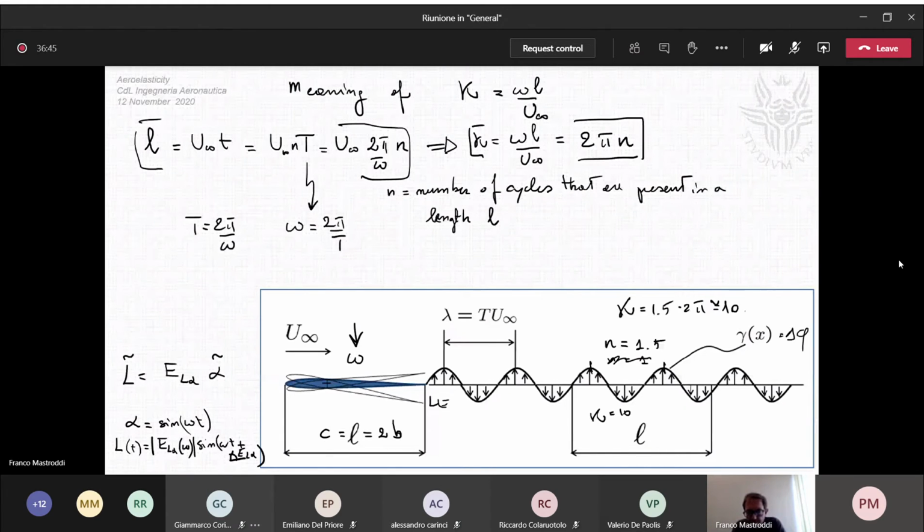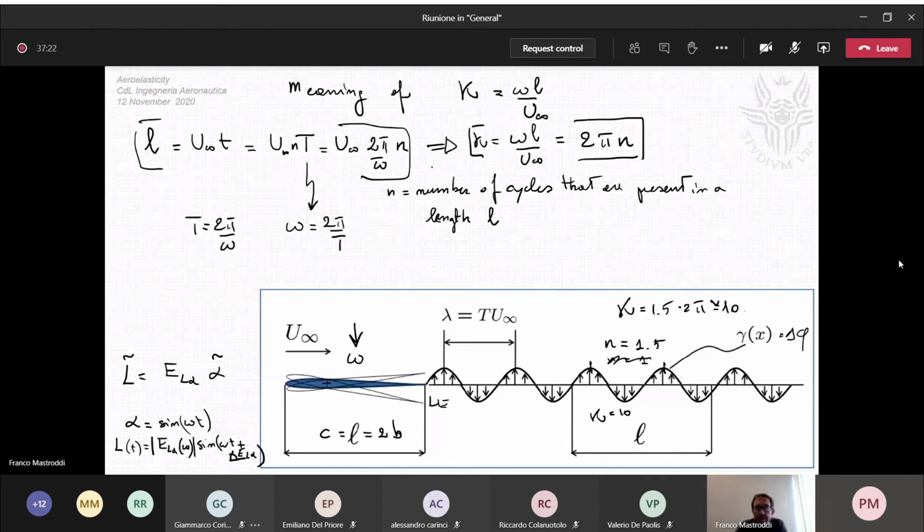Okay, so you have two possibilities for increasing the number of this perturbation in length. You have only two means for doing that. You can increase the frequency omega, and if you increase the frequency of the pitching, you should have more and more waves inside this length, but you may also decrease the velocity u infinite of your treadmill for having more.